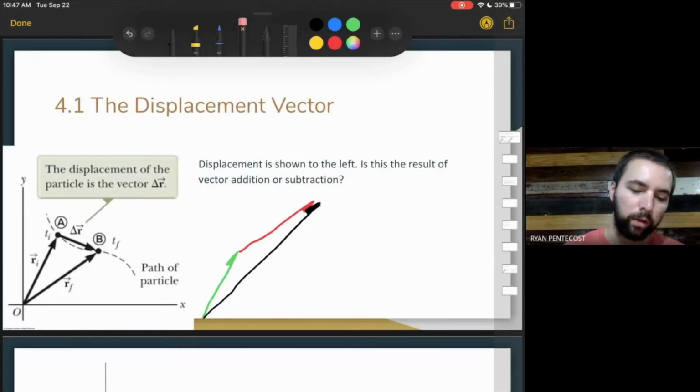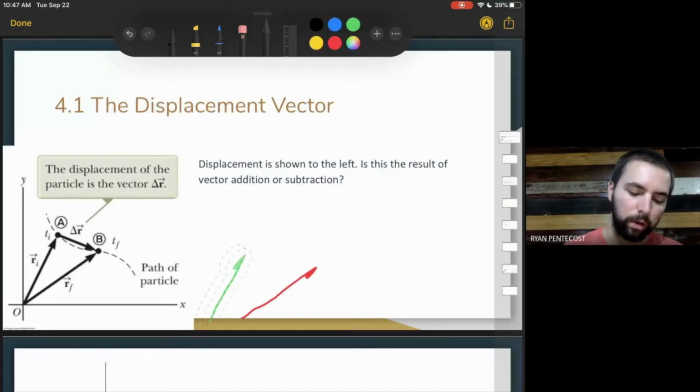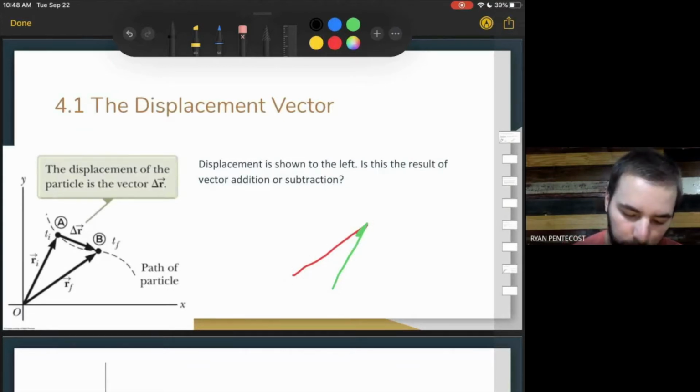Now, if we subtract these, say we start with this one, and we are going to put those head to head, since I did not draw that upside down. Here, let's do this off over here. Now what happens if we draw that vector from here to here?